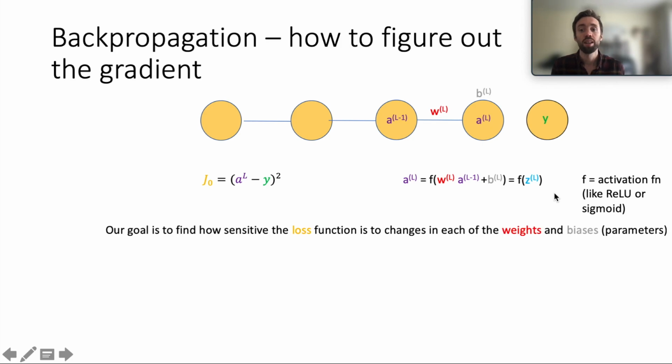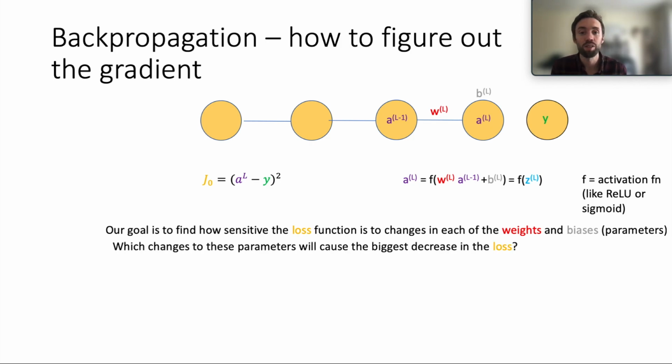And our goal is to find out how sensitive the loss function is to changes in each of the weights and biases in the system. And in particular, we're interested in which changes to these parameters will cause the biggest decrease in the loss.